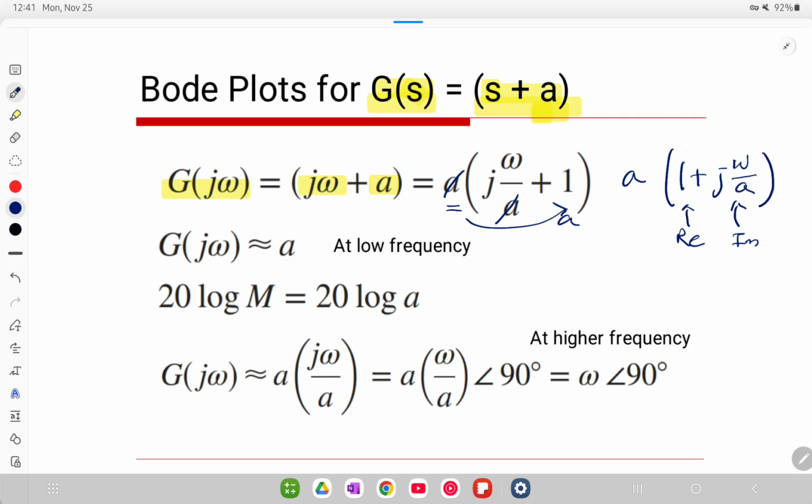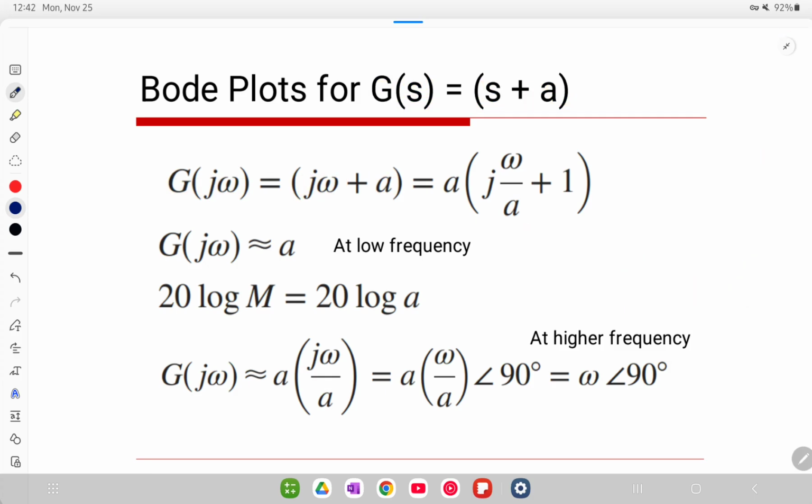And then we will be looking at what happens when omega is infinity, or omega is equal to 0. So at a higher frequency, what happens? And at the low frequency, what happens? As you can see, at low frequency, G of j omega is about A. Can you see that? How come it's close to A?